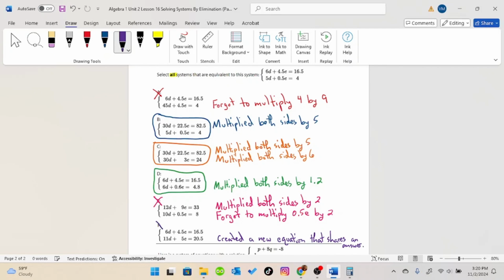But they did not create an equivalent equation, so that is not an equivalent system.